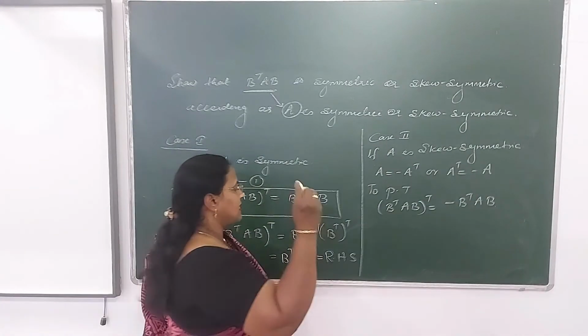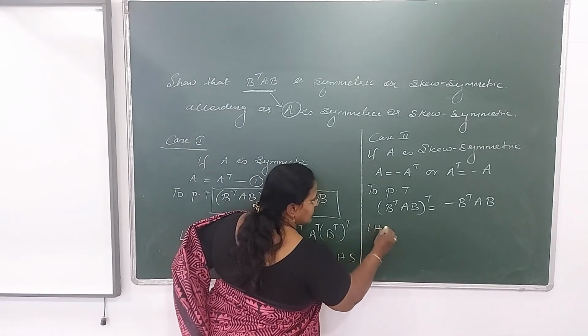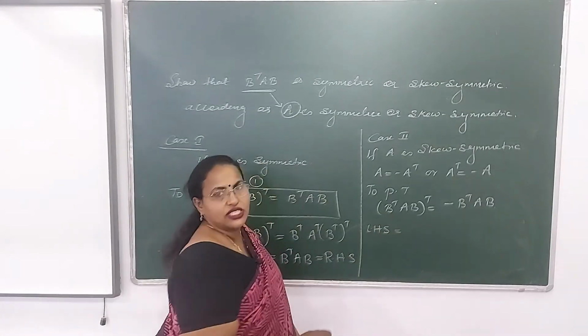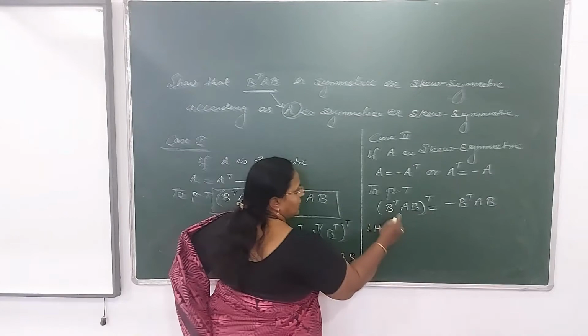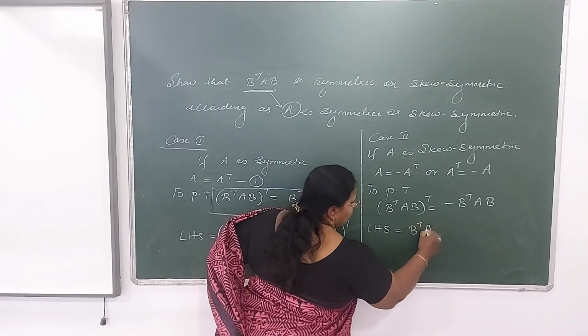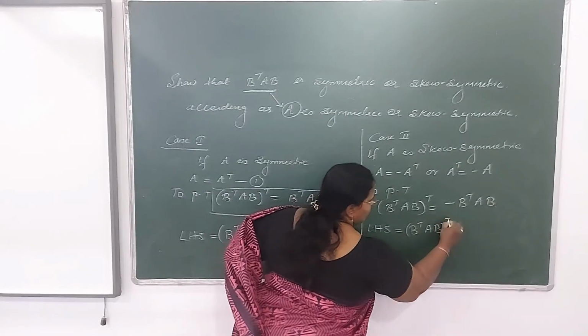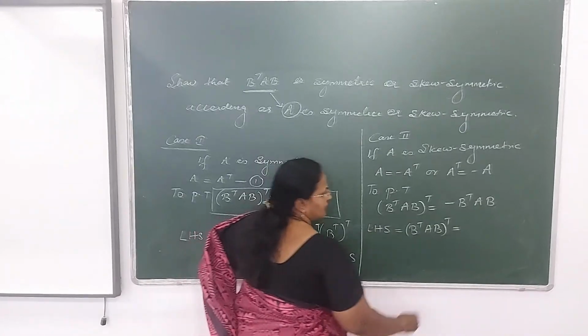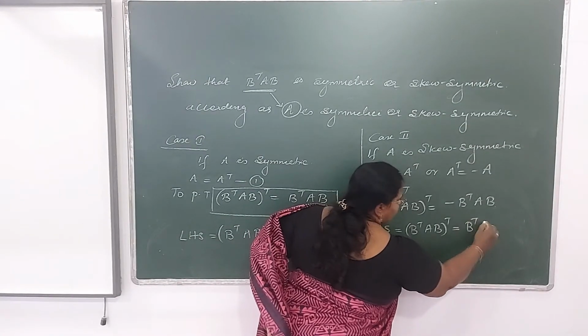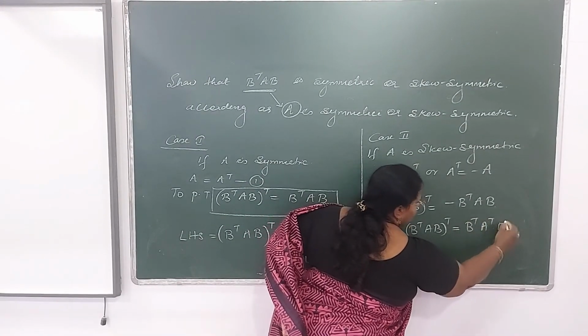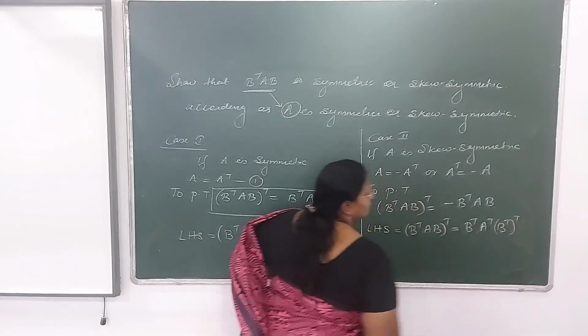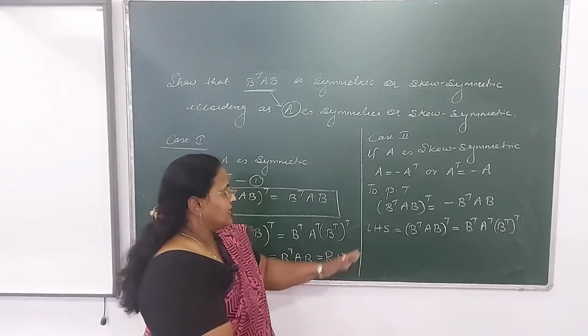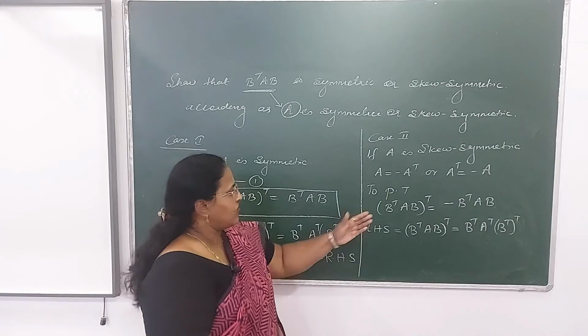Okay, so let's take the left side, LHS. We'll apply the reversal law here. So B transpose AB whole transpose, we can write it as B transpose A transpose B transpose whole transpose. Now all these are known to you. A transpose is what?